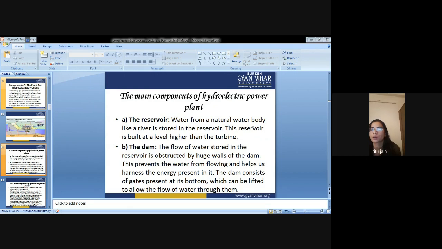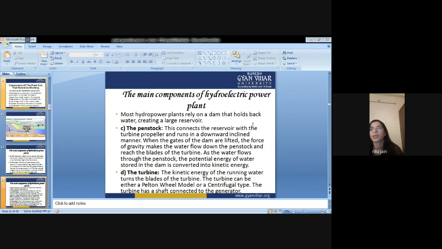This prevents the water from flowing and helps us harness the energy present in it. The dam has gates at its bottom, which can be lifted to allow the flow of water through them. Most hydropower plants rely on a dam that holds back water, creating a large reservoir.